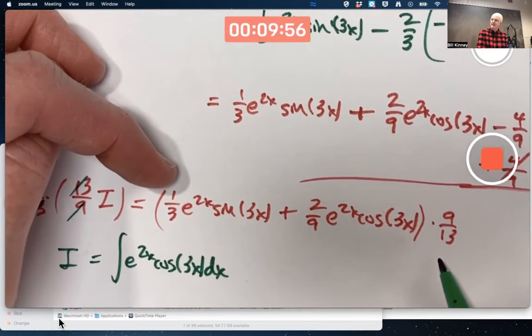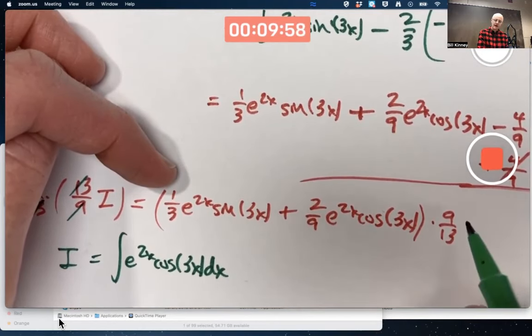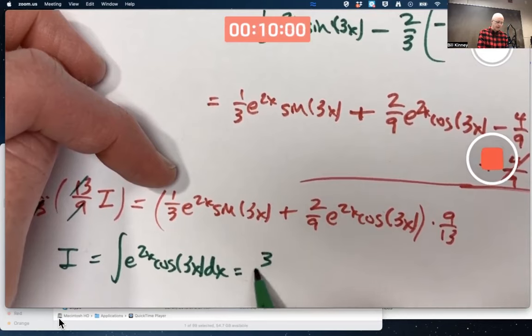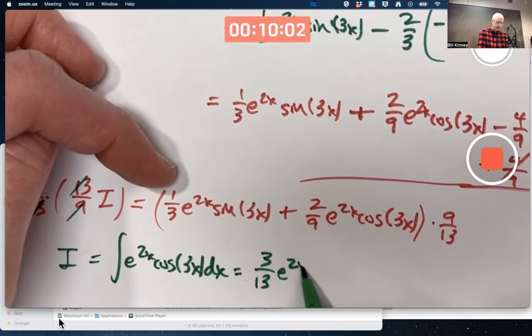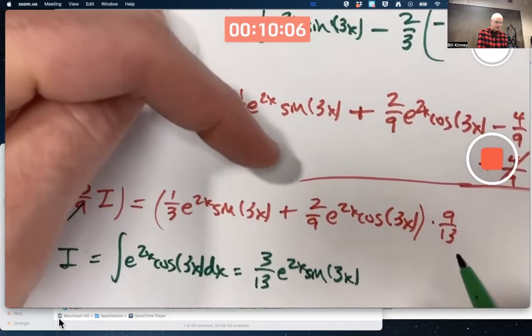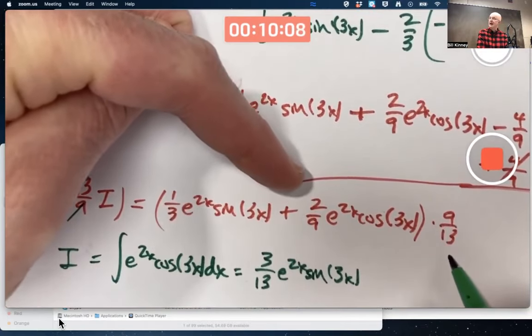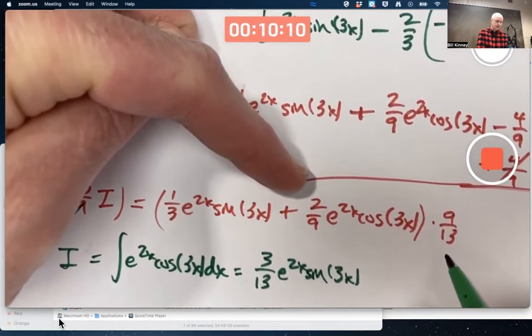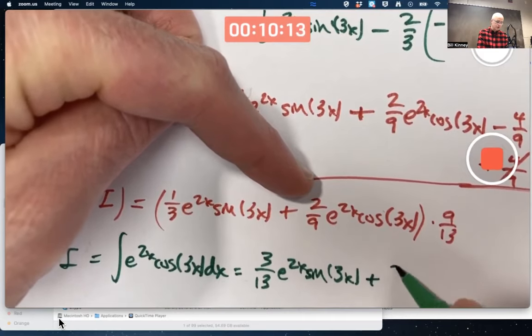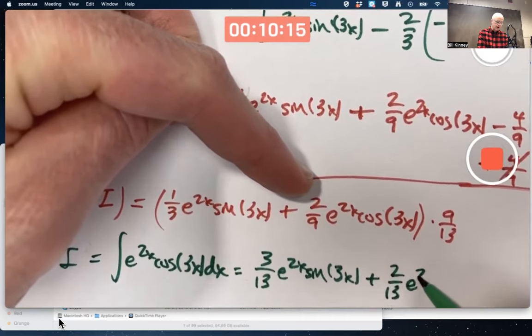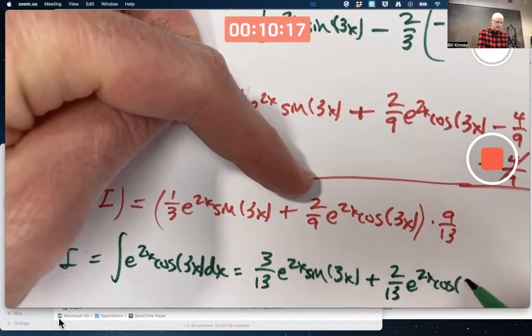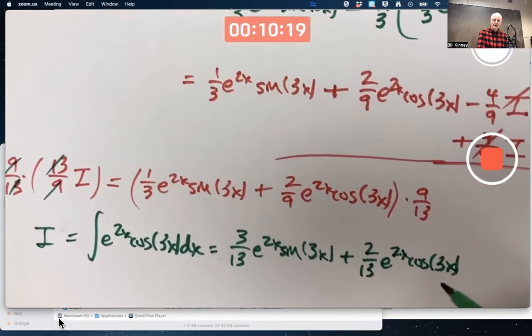The 3 will cancel with the 9, leaving an extra factor of 3 on the top here. 3/13 e to the 2x sine 3x. And then 2/9 times 9/13. The 9s will cancel. And you're left with 2/13 e to the 2x cos 3x. Now tack on a plus c at the end.